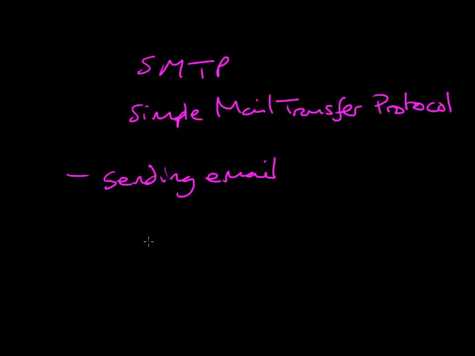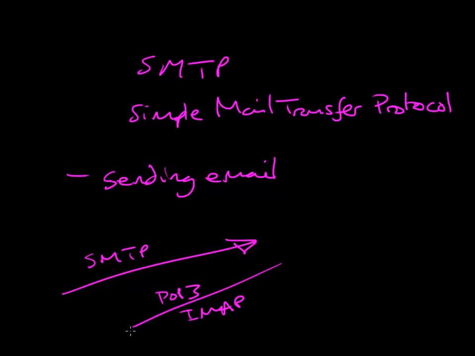So if you set up your email client within your web browser or a separate email client, you'll give it one address for SMTP, which is for sending the mail out, and you'll give it an address either for POP3 or for IMAP, which is all about getting the email back to your computer, collecting your email.